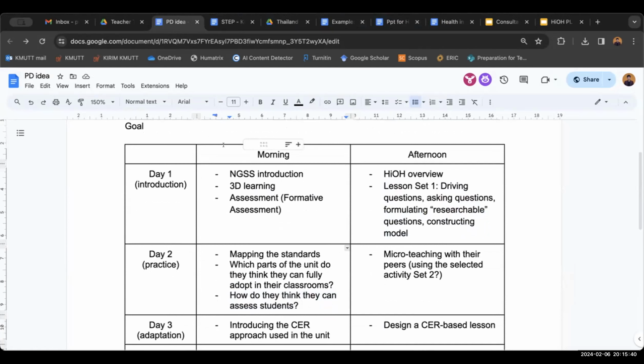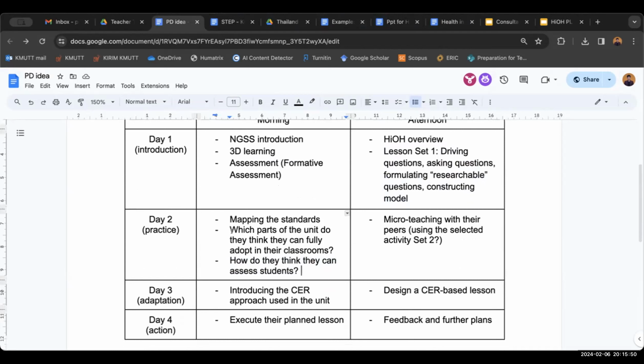We are aware that the number of hours to fully implement the whole module might not be practical in the first part of the internship. But we still would like them to see how they can integrate as much as they think possible in the classroom. That's why we have day 2, to get them thinking in this aspect.